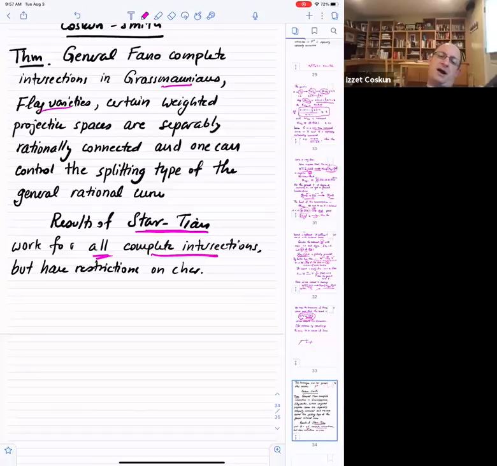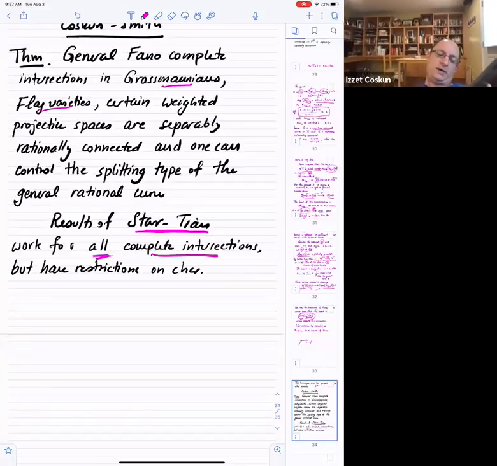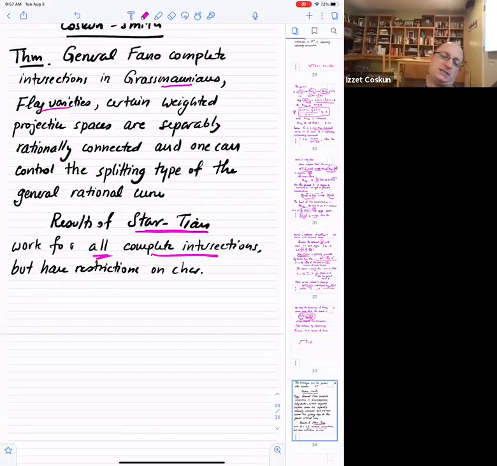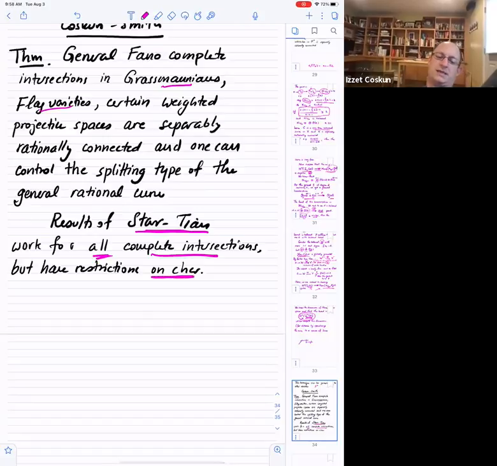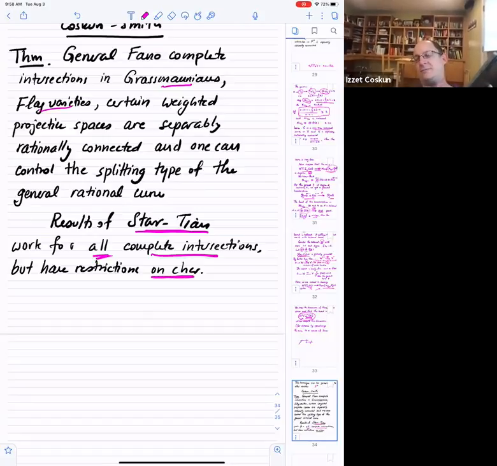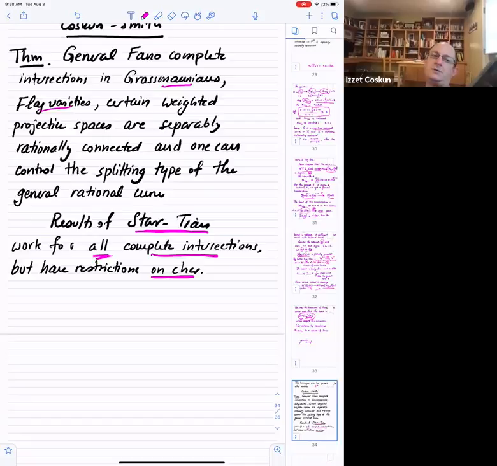But there are results of Starr and Tian that prove that all smooth complete intersections are separably rationally connected, but there are some restrictions on the characteristic. The characteristic has to be sufficiently large. In what we did here, there is no restriction on the characteristic.